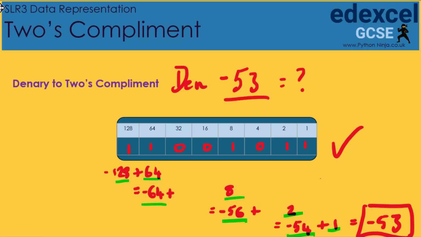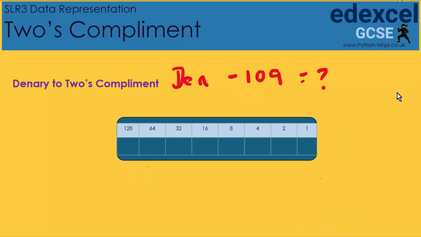Let's do one more. Can you tell me what the denary value minus 109 is as a signed integer 8-bit negative binary number, and can you show your working using 2's complement? Pause the video and do it now. So this is the positive binary number for denary 109.